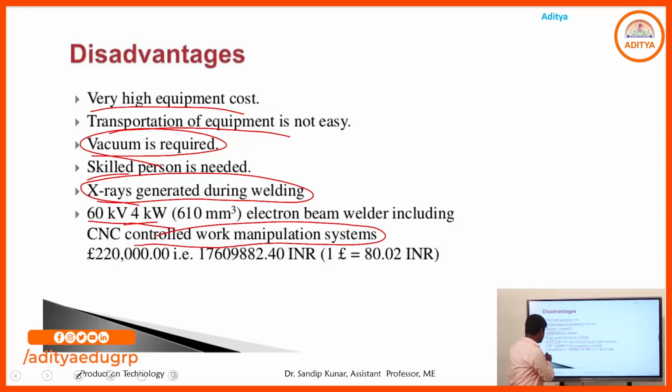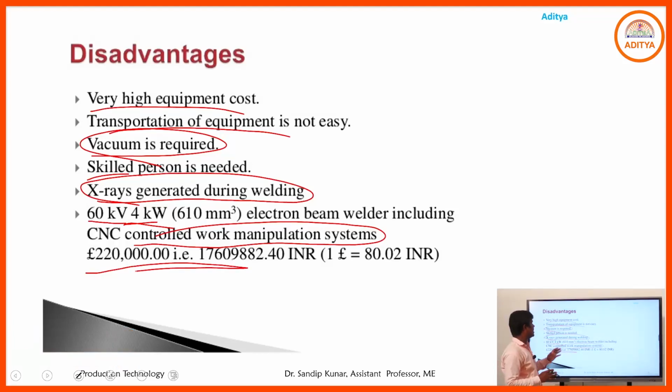But in this welding, the weld quality is very good, and the setup is used for very precision welding in precision industry, the nuclear industry, the electronics industry, some automobile industry and some aerospace industry.